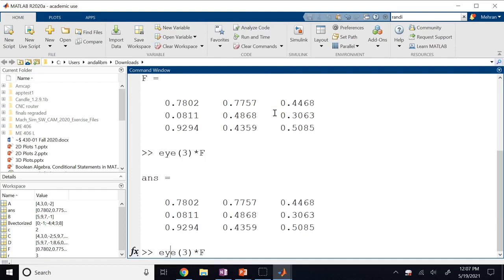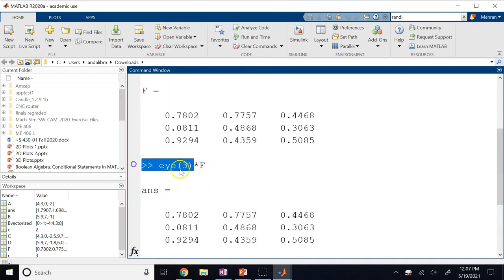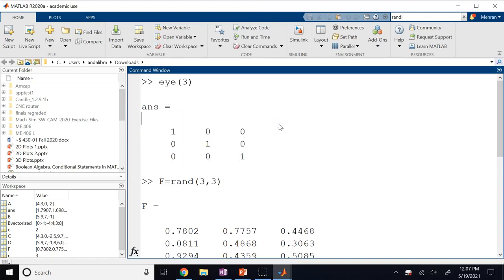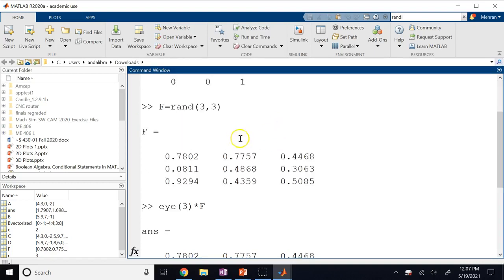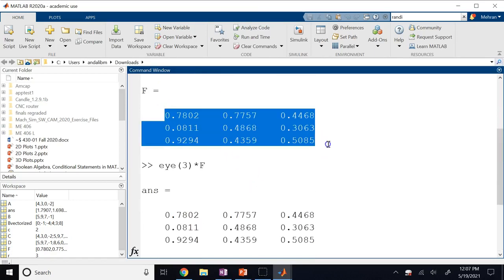Now, can I multiply a matrix full of 1s by F and get the same result? No. Of course, your numbers are going to be different, as you can see. So it's the identity matrix, this diagonal matrix with 1s on the diagonal, 0 everywhere else. That's the identity matrix. And when I multiply a matrix F by the inverse of it, the result should be what?